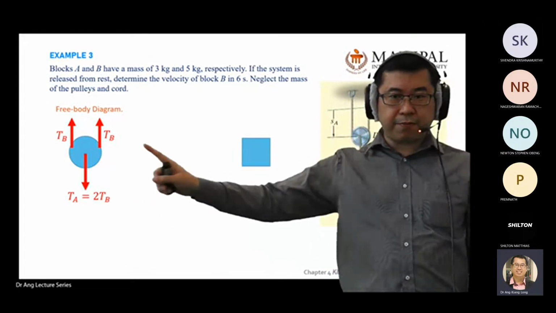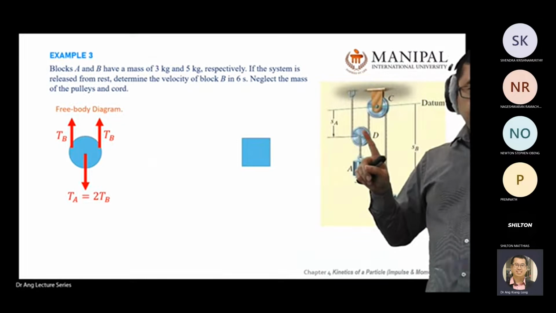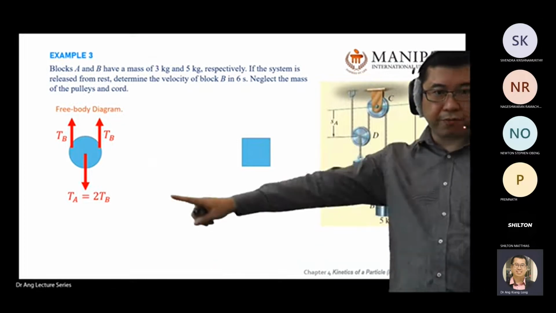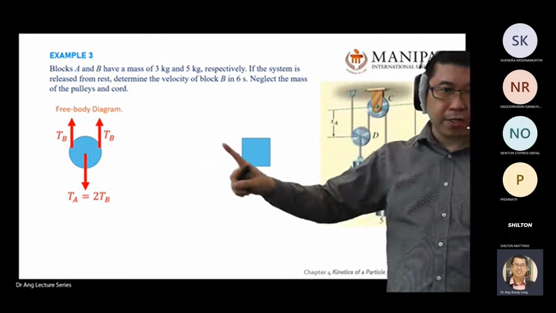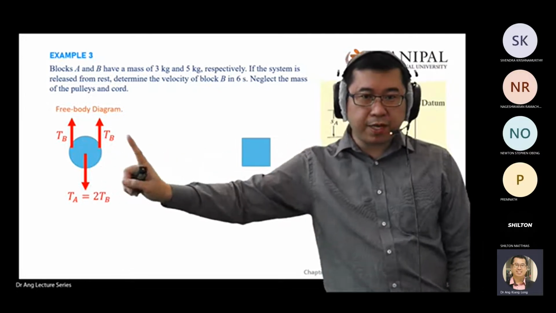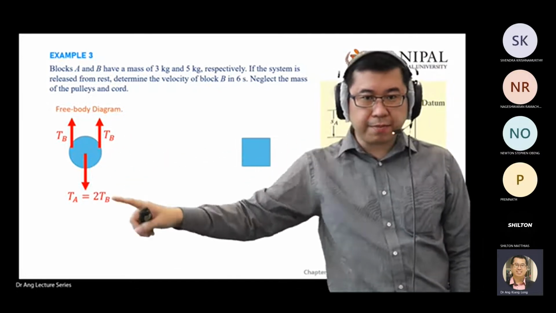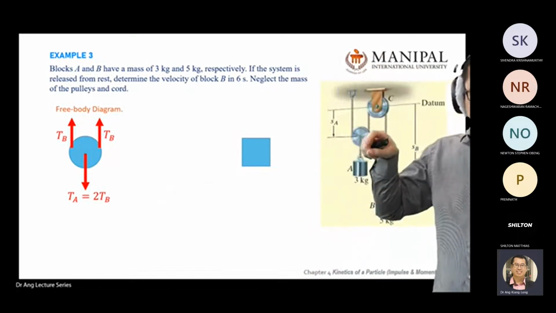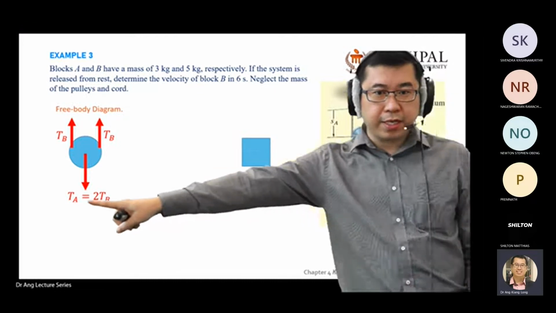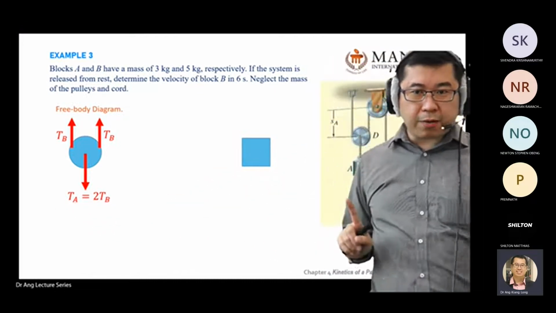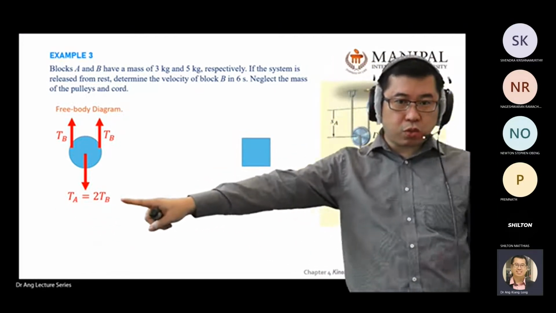You have two ropes pulling up, so you have TB1 and TB2, or TB, the same. But what is the tension pulling down? It will be the tension pulled by object A, which will be 2 TB.